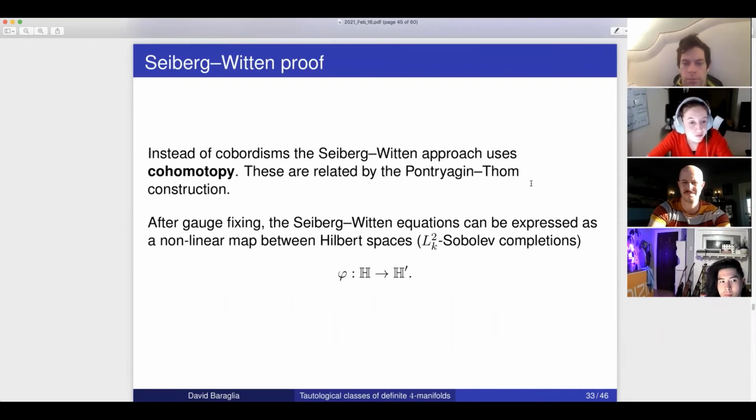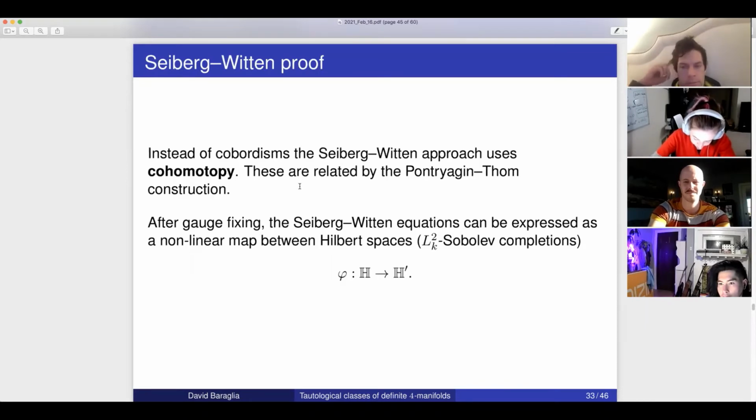Okay, so how do you prove it? The advantage of Seiberg-Witten is that we have the Bauer-Furuta construction. Instead of cobordisms, we use cohomotopy, and of course these two things are related by the Pontryagin-Thom construction.